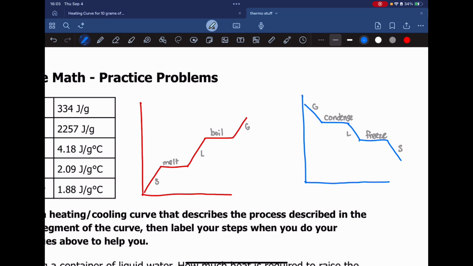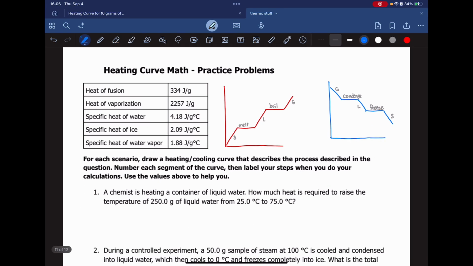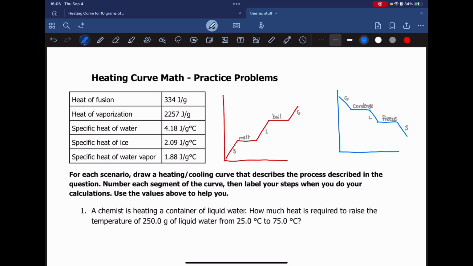Alright, so those are our heating and cooling curves, and all of these numbers are used for specific segments of those curves. Our heat of fusion is used if we are on the melt or freeze plateau. Heat of vaporization is used when we are at the boil or condense plateau.